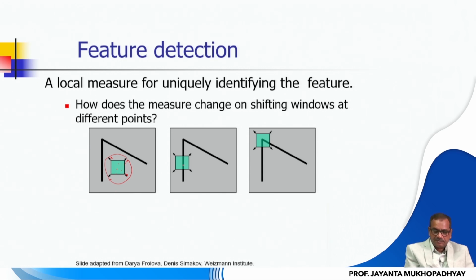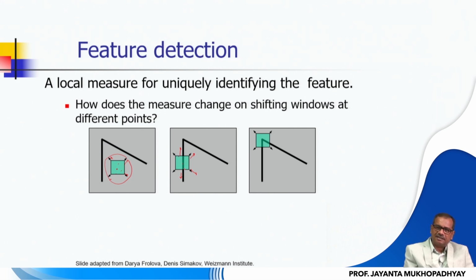Whereas, consider this one at the central point: if I move along these directions, there would be some variation, and the sum of squares of those pixel values will change. But if I move along this direction or this direction, that variation won't be there.